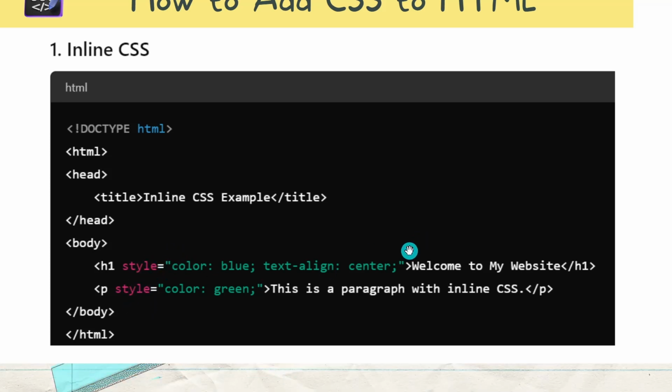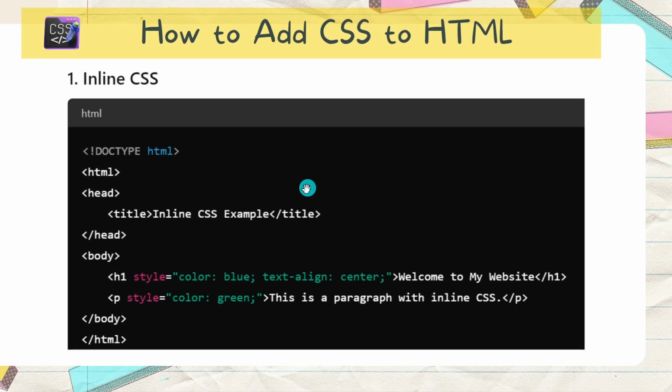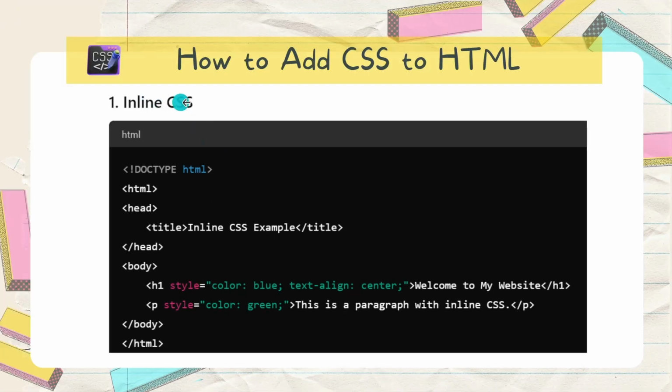We enclose it in quotation marks, and then you start writing the property. In this case, we have color. After the colon, you write the value. It will still be styled accordingly. Same goes for the paragraph here. So this is how you add CSS to your HTML by using inline CSS.